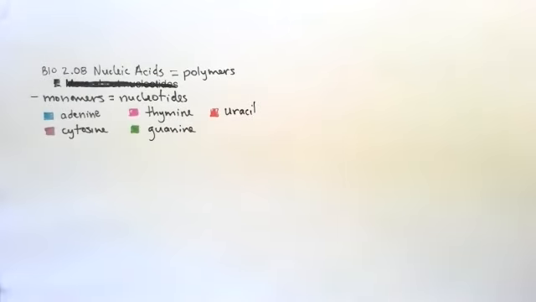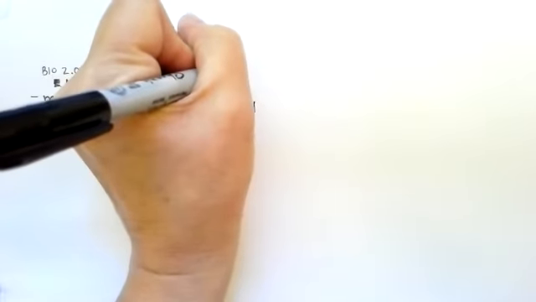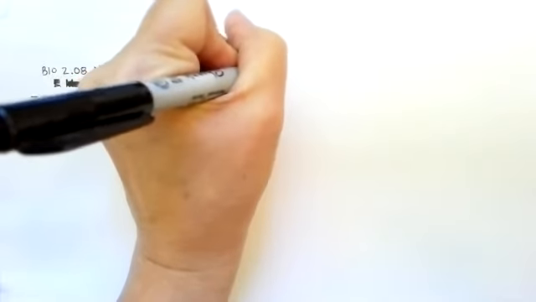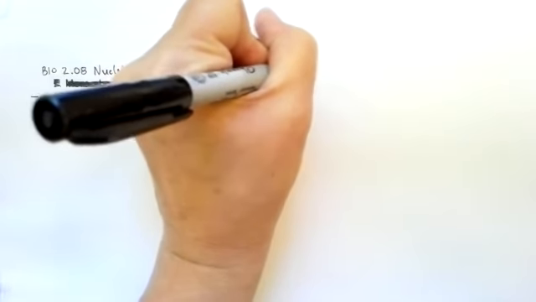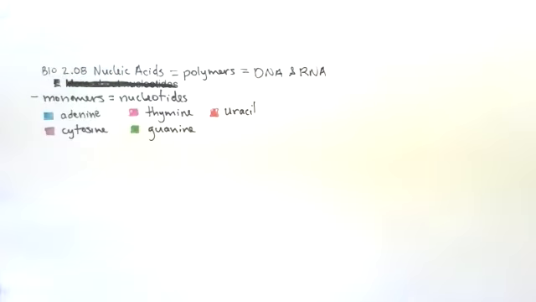So how do these guys come together to create what we know as the polymers, nucleic acids? The 2 that we're going to talk about are DNA and RNA. All right, so let's make a chain here.